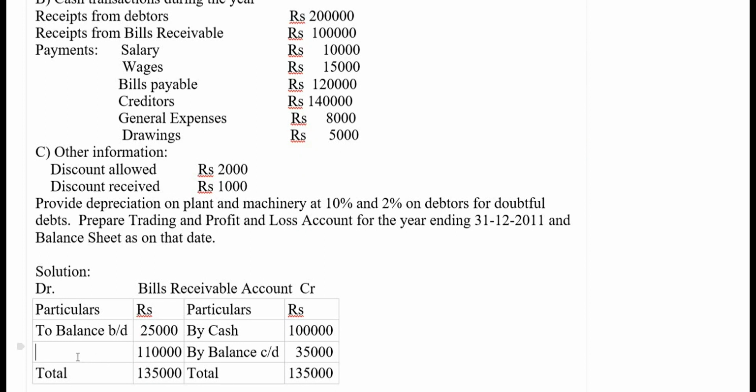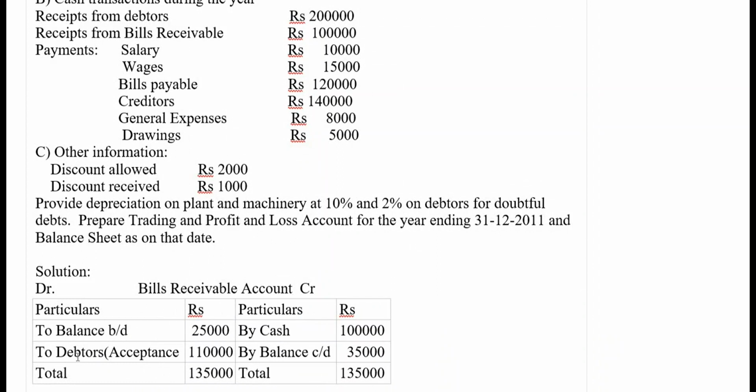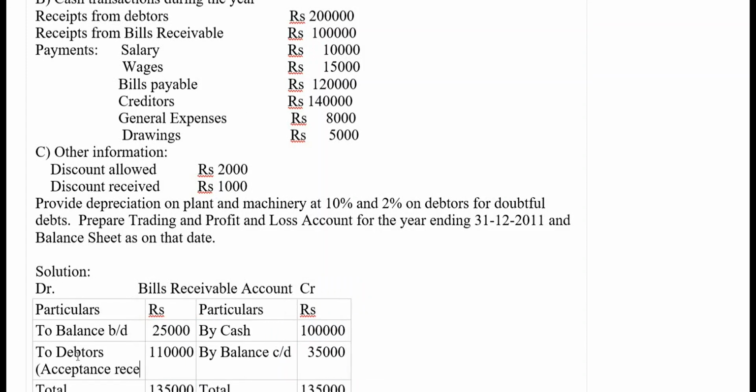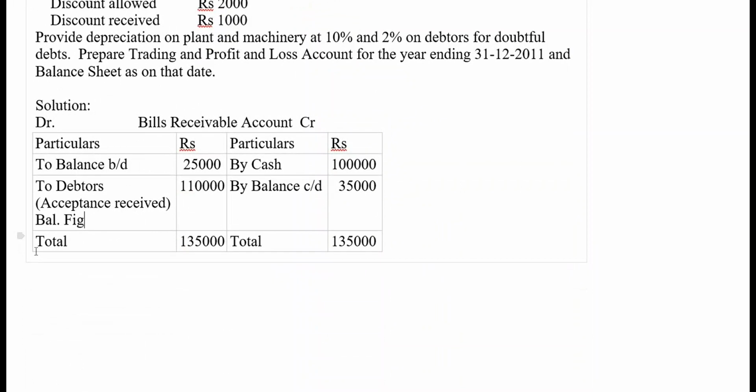This is nothing but to debtors, in the bracket acceptance received, balancing figure. Let me make these bold so that they are distinct from the other amounts.